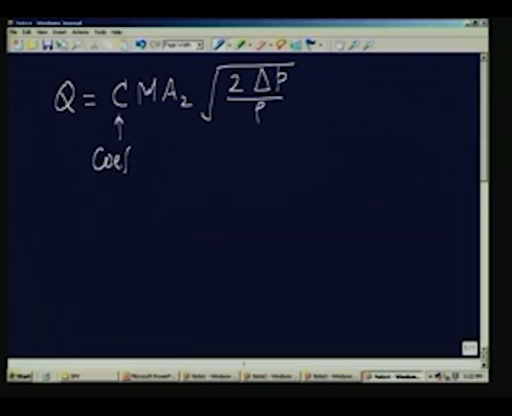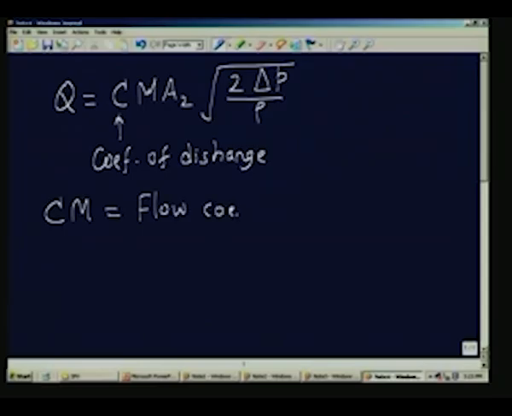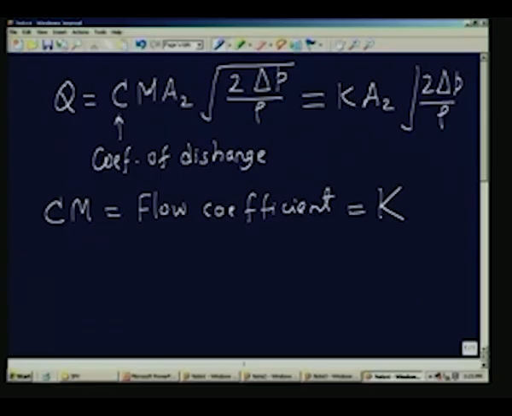So, I will say Q equal to C into m into A2 multiplied by square root of 2 delta P by rho, and this is the coefficient of discharge, and this quantity C into m, the product of the coefficient of discharge and the velocity of approach factor, is referred to as the flow coefficient, which is usually given the symbol capital K. So, we can also write this as K A2 square root of 2 delta P by rho. So, we can call this I think equation number 6.